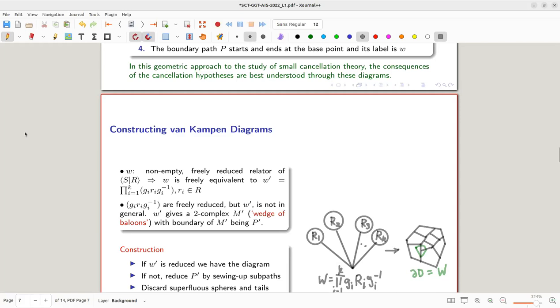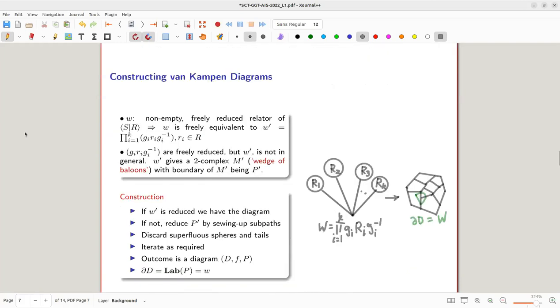Omega may not exactly look like the product because there could be a lot of cancellation. There are almost necessarily a lot of cancellations involved here. And so we can think of omega as freely equivalent to something like this wedge of balloons, right? These are like balloons and these are like strings. So we have, say, k many balloons wedged at one point, and these are essentially g_i and g_i inverses.